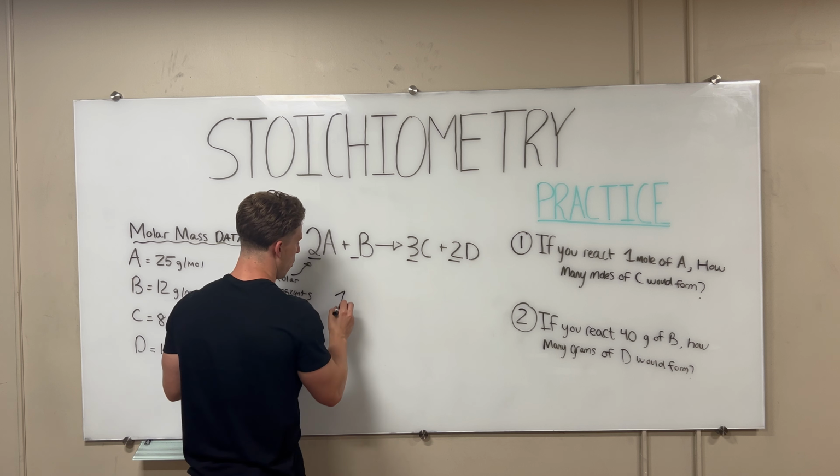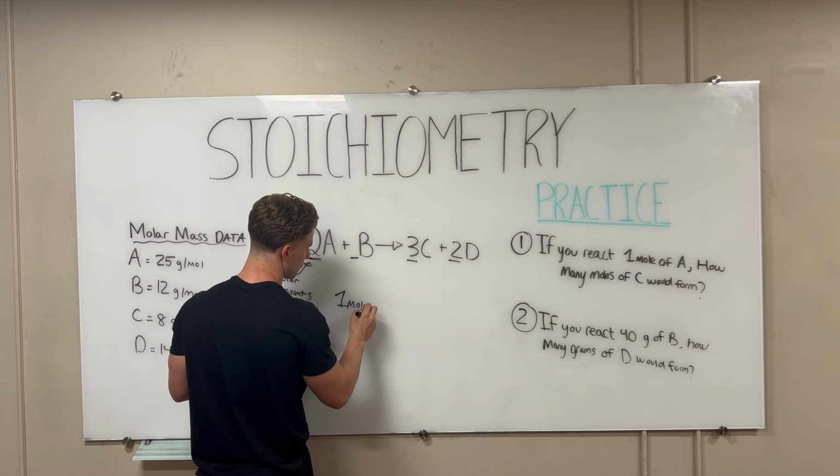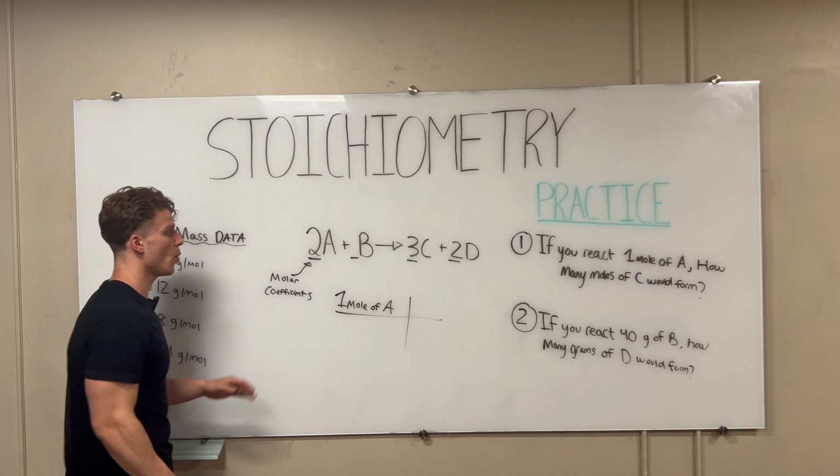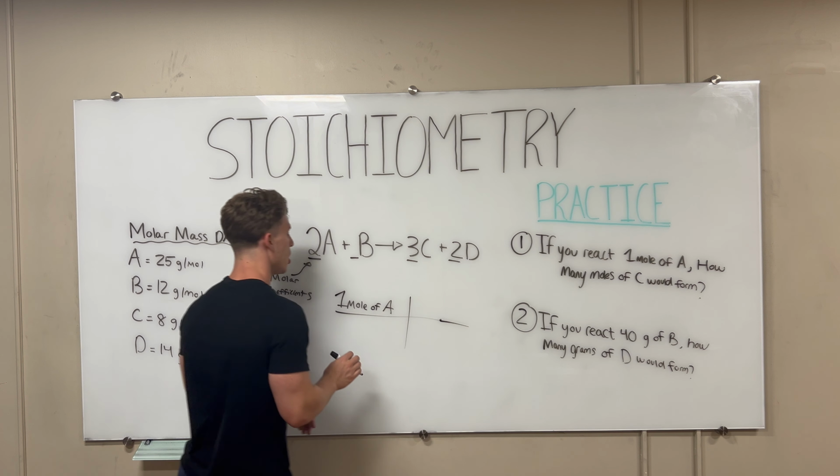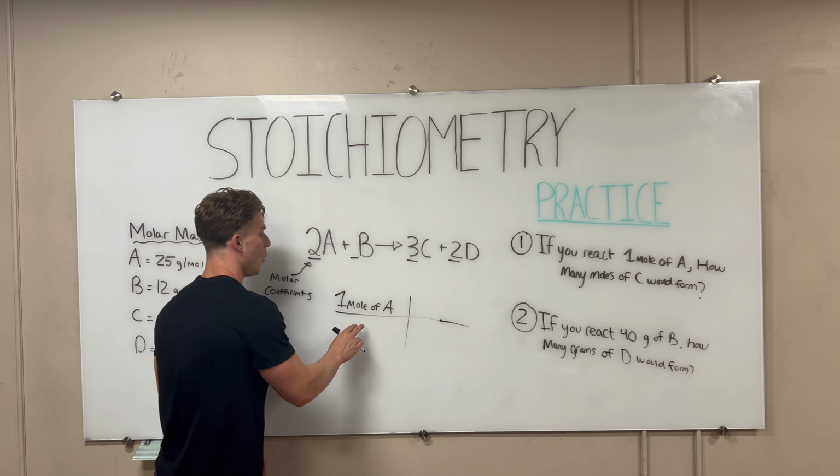So if we have 1 mole of A, okay, so imagine we had 1 mole of A and we want to react that mole of A, how are we going to find out how many moles of C form? Well, at this point, we're going to use stoichiometry.